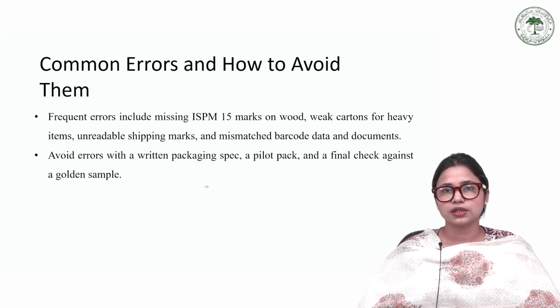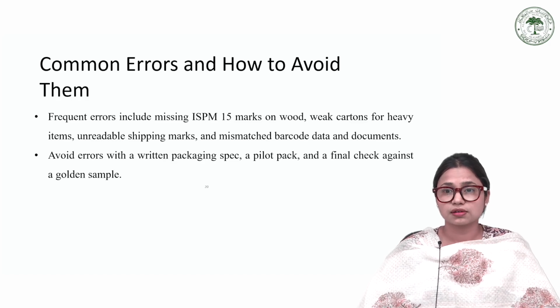What are the common errors while packaging that the exporters make, and how can they avoid making these kinds of errors? Errors like missing ISPM 15 marks on wood pallets or crates, weak cartons for heavy items, unreadable shipping marks, and mismatched barcode data and documents.